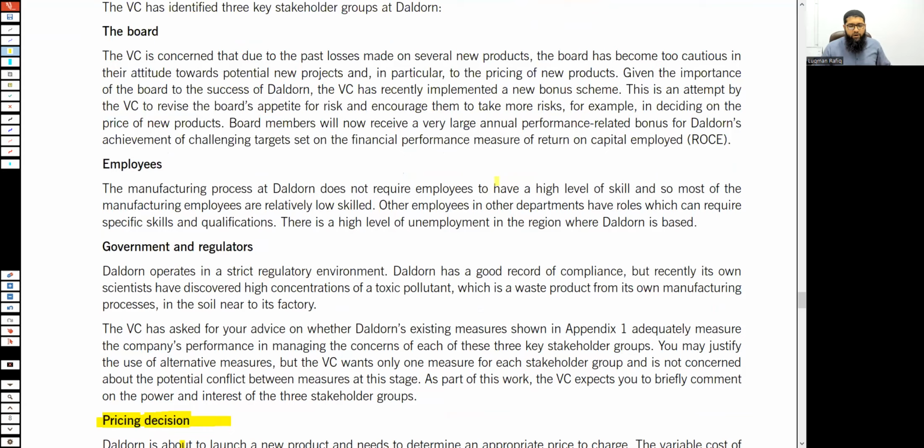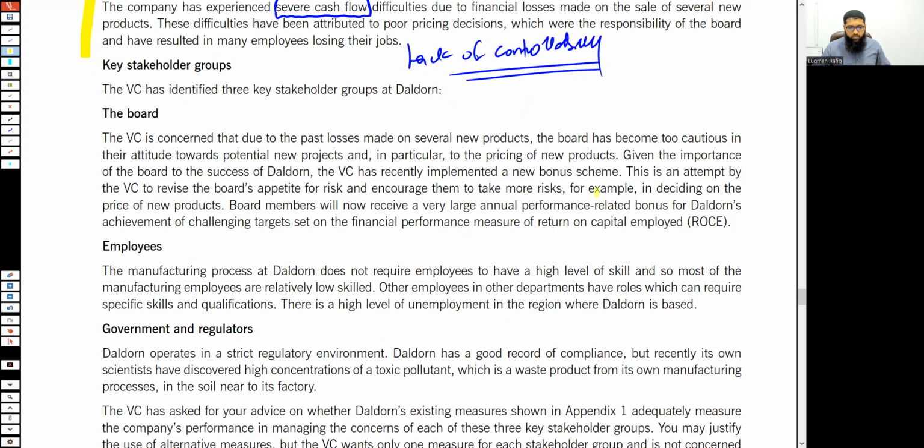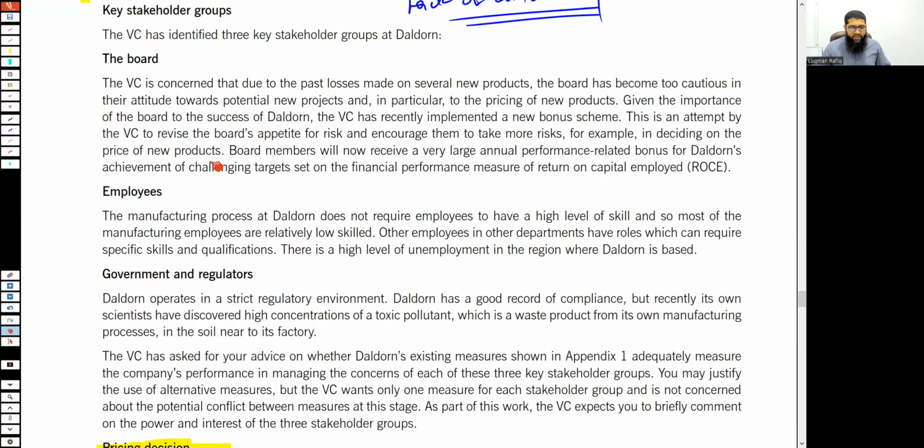Now, what I would want you people to do is to read through this specific area and then we are going to start discussing.